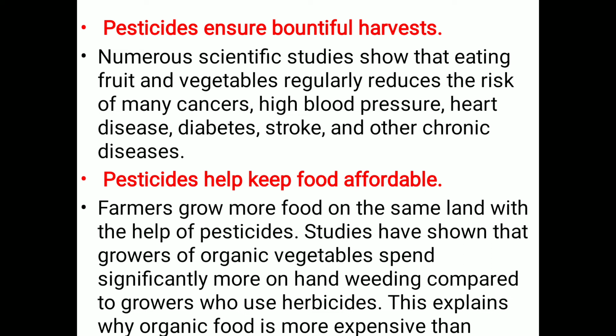Next one is pesticides help to keep food affordable. That means farmers grow more food on the same land with the help of pesticides. Studies have shown that growers of organic vegetables spend significantly more on hand weeding compared to growers who use herbicides.